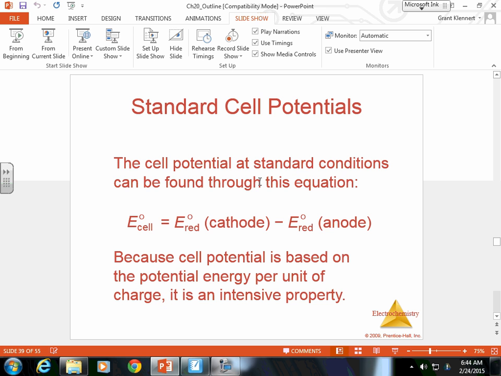If we want to calculate the cell potential for any other cell, if we have a redox reaction and I want to figure out how much energy could be created in my voltaic cell, we're going to take the energy of reduction of the cathode and the energy of reduction of the anode, and subtract the two. That is going to be the amount of voltage or potential energy that exists in that cell. So the energy of reduction of the cathode minus the energy of reduction of the anode.